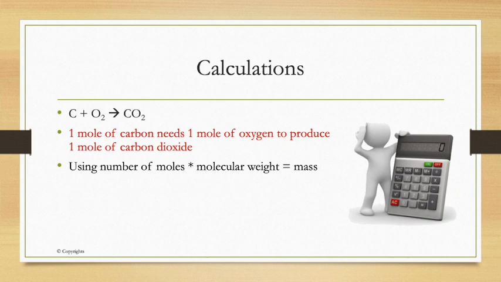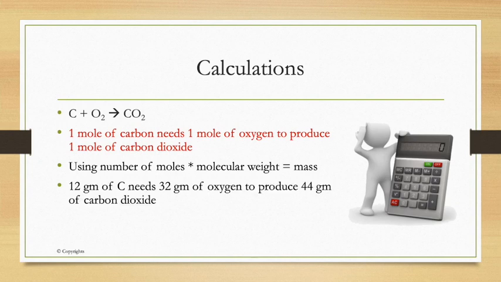Now we need to calculate the mass needed, and as we know, the moles multiplied by molecular weight gives us the mass. So using the molecular weight for each of the components, carbon is 12, oxygen is 16, then we know that 12 grams of carbon needs 32 grams of oxygen to produce 44 grams of carbon dioxide.